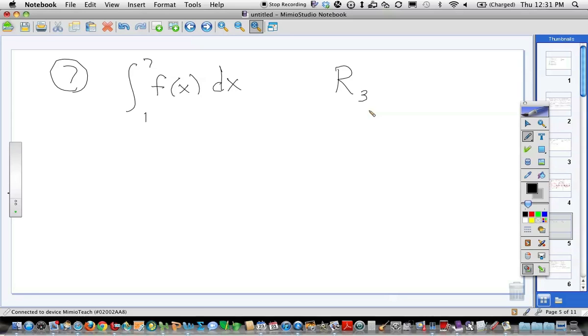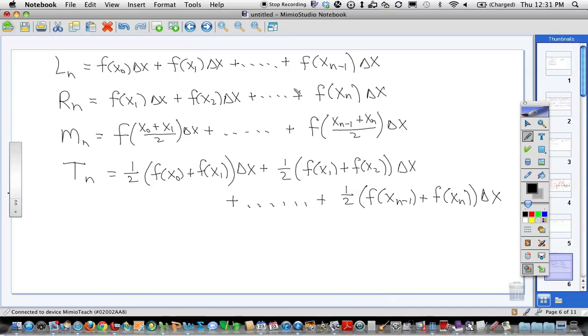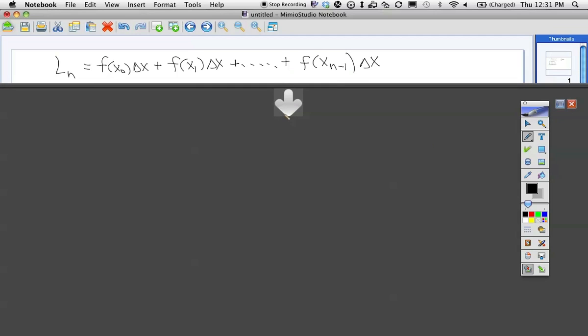Now, I'm going to show you something here. I don't think it's important that you write this down in your notes at this particular time. But if we were to look at just a general writing out of a left sum, I want you to look at this and see, does this make sense?